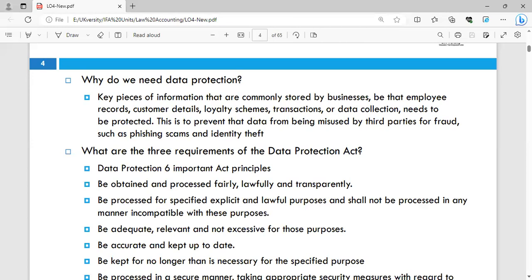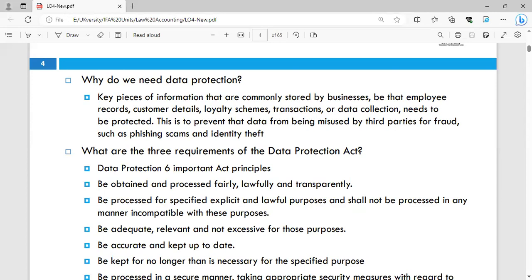So what are the requirements of the Data Protection Act? Data protection has six important principles. Be obtained and processed fairly, lawfully and transparently. Be processed for specific, explicit, and lawful purposes. You don't collect more data than is required to perform the job. Like if your client is with you, you need their address, correspondence, date, identity, and things.